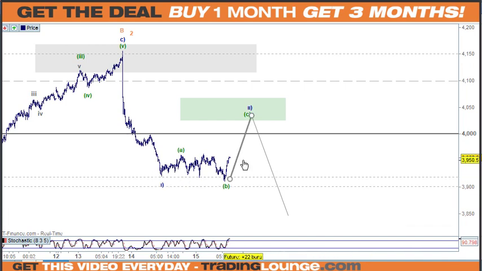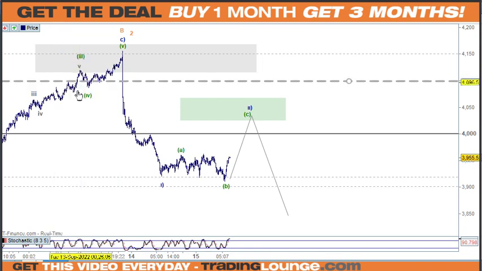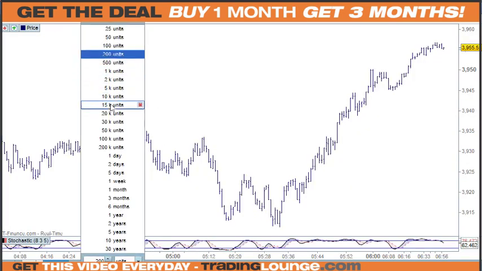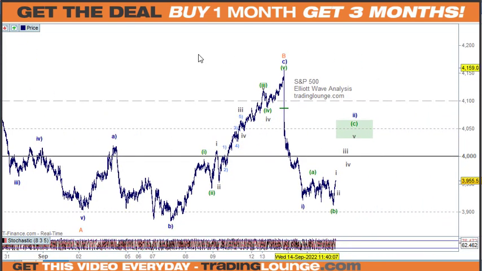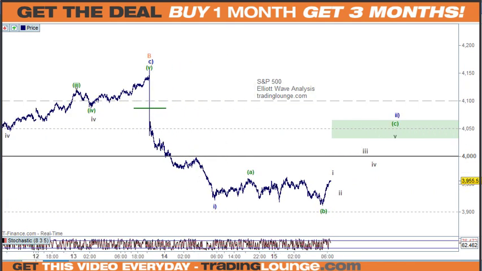This little move up here, let's look at that in a bit more detail. Let's go to the 100 ticks. Okay, just a reminder, we can have this as wave 2 here as well.